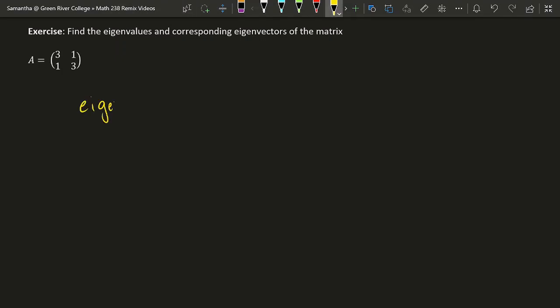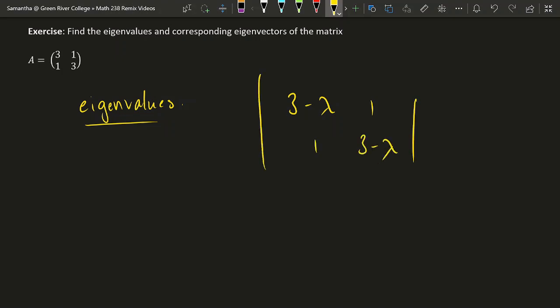Starting first with the eigenvalues, I'm going to go into the matrix. I'm going to subtract an unknown lambda from the diagonal entries, and I'm going to find the determinant. So I have 3 minus lambda squared, take away 1.